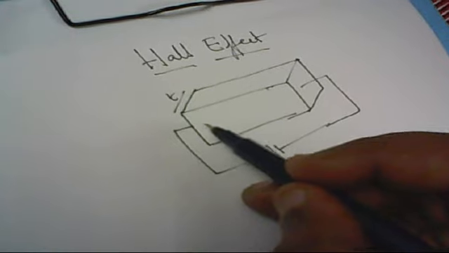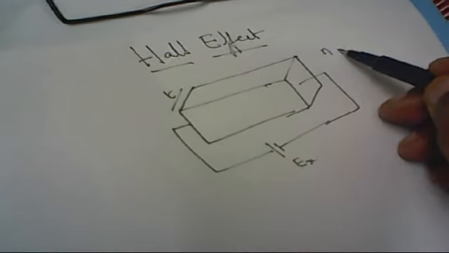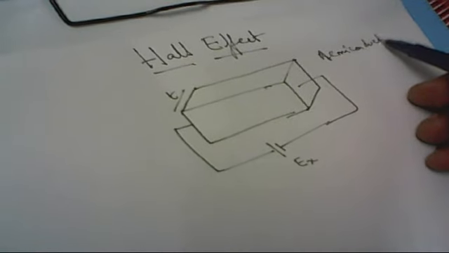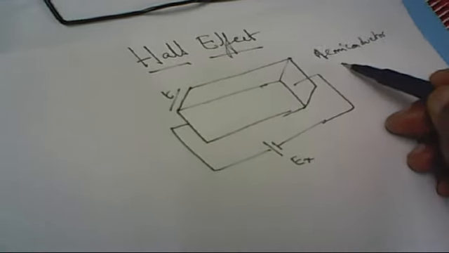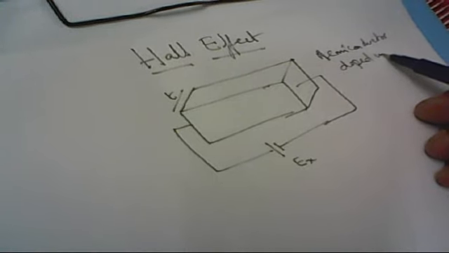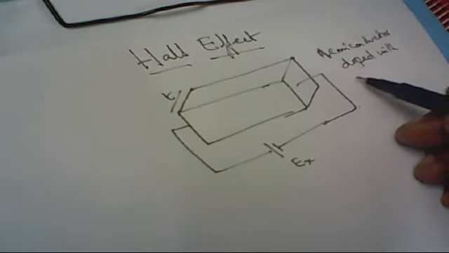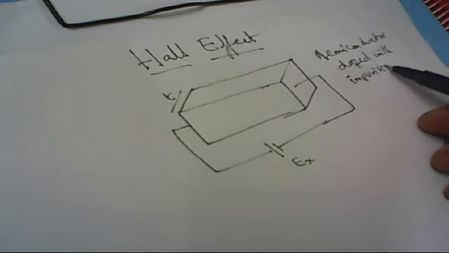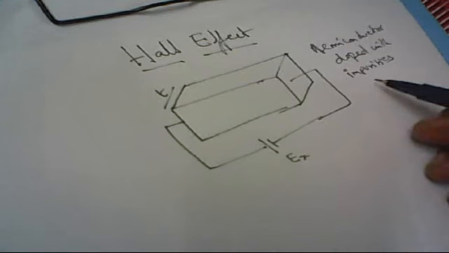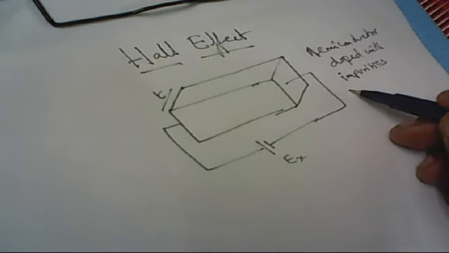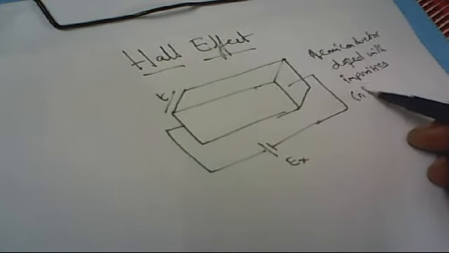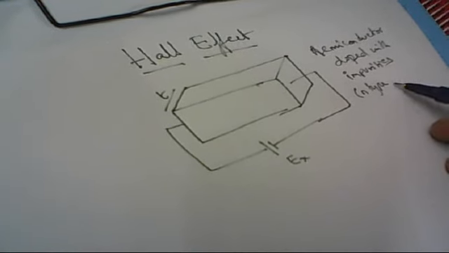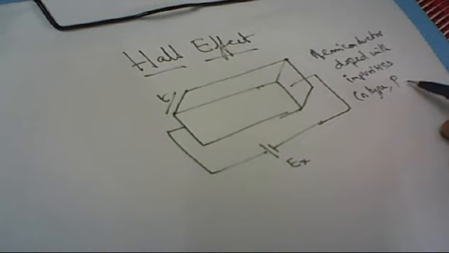Electrons will be moving from, for example, this is an n-type semiconductor. This is a semiconductor which is doped with impurities. For example, n-type impurities, like in the case of silicon, phosphorus doped silicon.